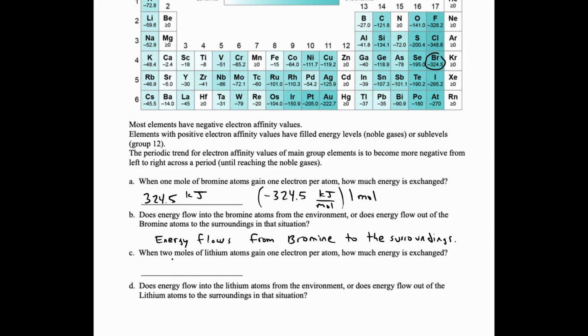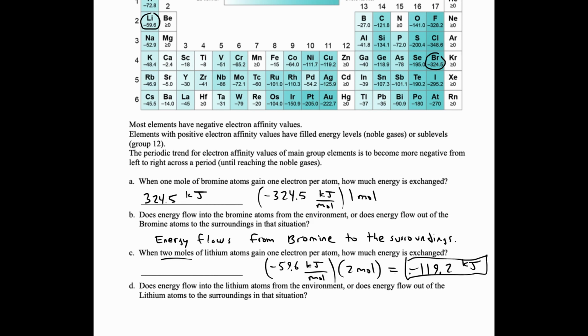Next question says, when 2 moles of lithium atoms gain 1 electron per atom, how much energy is exchanged? So we can see here for lithium's entry, it's going to be negative 59.6 kilojoules per mole. Question does say there are 2 moles involved though, so we just want to multiply by 2. That's going to be 119.2 kilojoules.